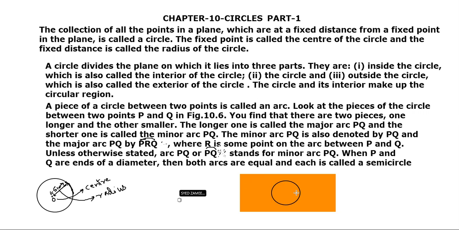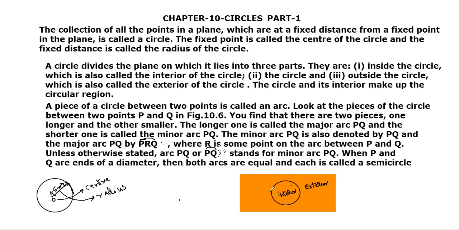One is inside the circle, another is outside the circle. This inside part, which is the area inside the boundary of the circle, is called the interior of the circle, and the outside of the circle is called the exterior of the circle.